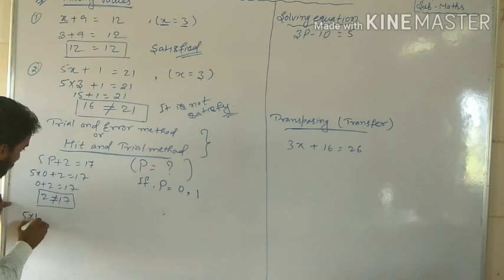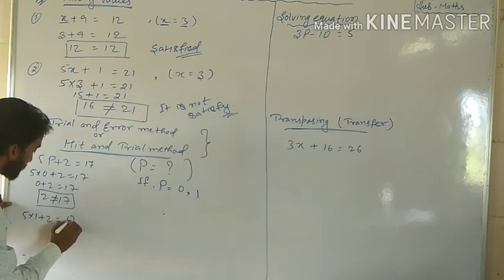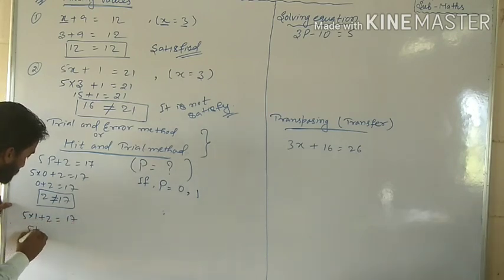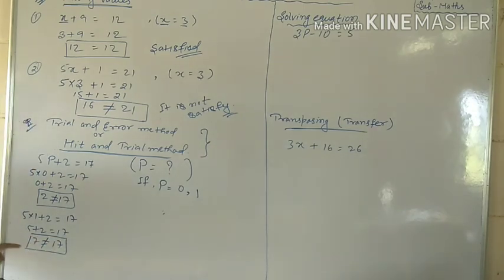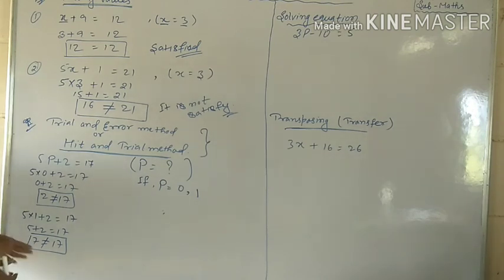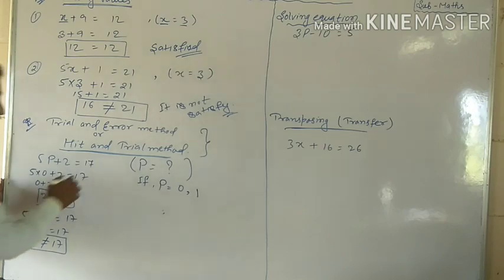Then 5 into 1 plus 2 is equal to 17. 5 into 1 is 5, plus 2 is 7. Do you think 7 is equal to 17? No. 7 is smaller than 17, so it is also not satisfied.